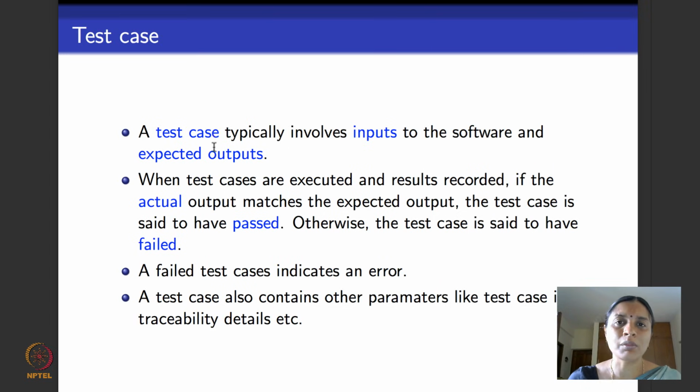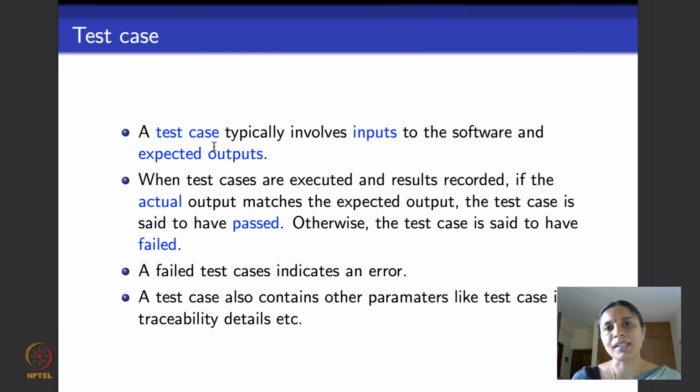So a test case has an input and the expected output. It is to be noted that if I test a software artifact like code, I always give only inputs to the code as part of the test case, and we typically don't give values to internal variables, output variables, and so on, right?